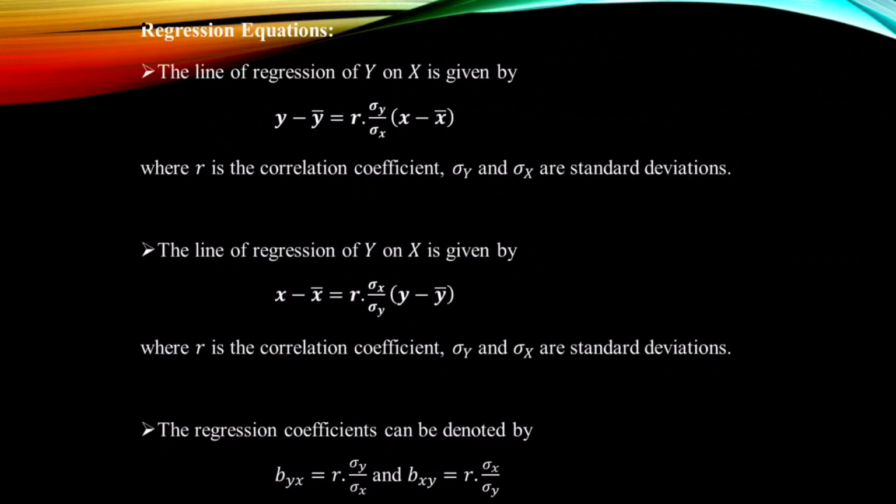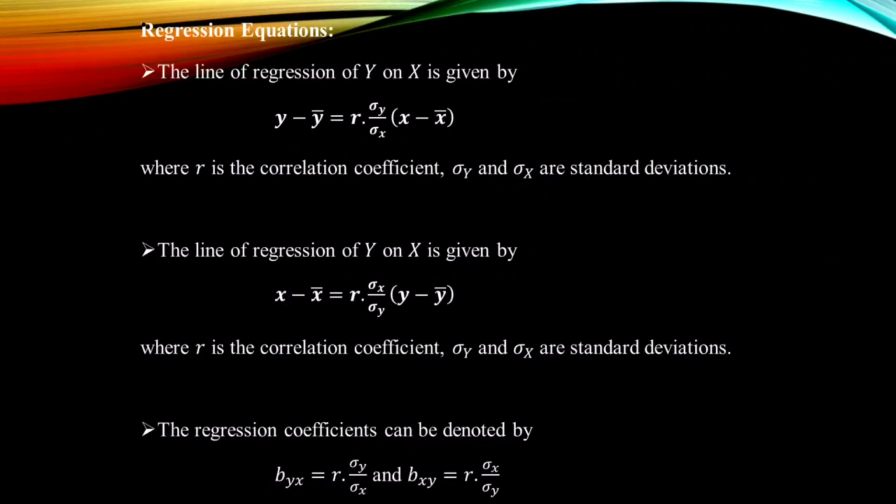Now let us see what is regression equation. The regression line of y on x is given by y minus y bar equal to r into sigma y by sigma x into x minus x bar. Here, x bar and y bar are the mean values of the sample x and y respectively. Sigma x and sigma y are the standard deviations and r is the correlation coefficient.